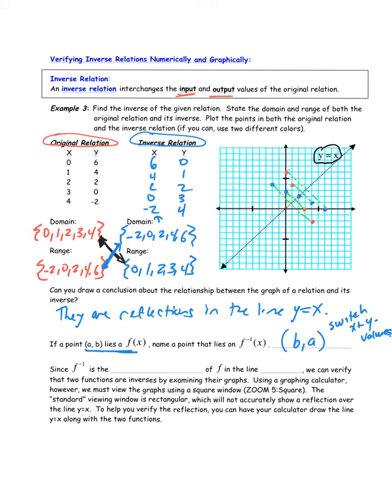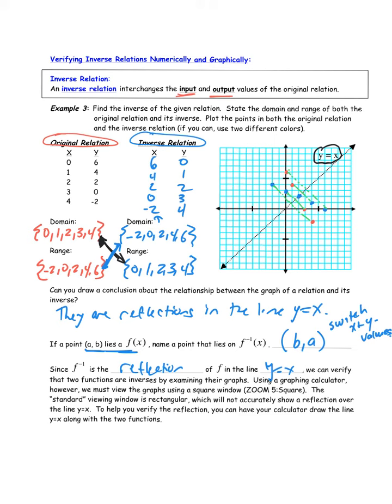And here's something else that we can do at the bottom. Since f inverse is the reflection of f in the line y equals x, we can actually verify that two functions are inverses by examining their graphs. This is not the way we're really going to verify inverse functions, but if we look at something graphically, we can get an idea.